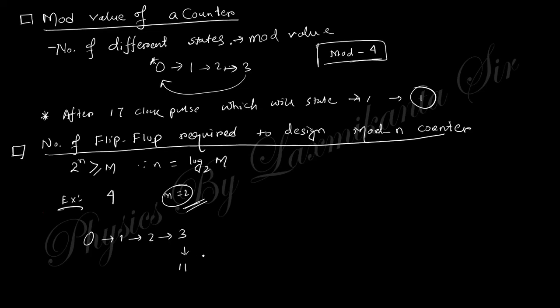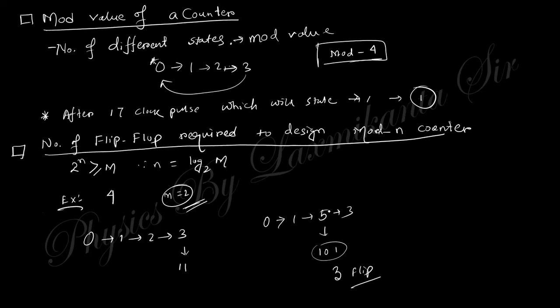So here the two flip-flops can make this output, but suppose you have 0, 1, 5, 3 like that. For making 5 you need 4 and 1, so you require a minimum of 3 flip-flops. Here 3 flip-flops are required.